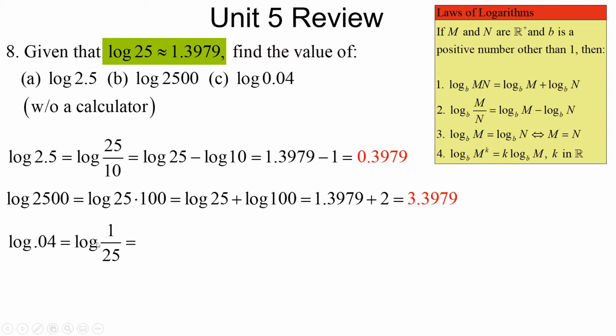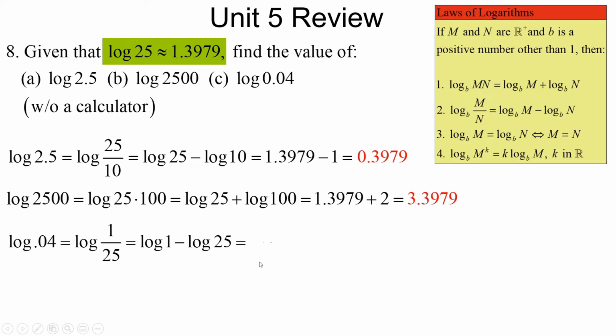So the common log of 1 divided by 25, I'm going to write that as the difference of two common logs. My common log on the left would be the common log of 1. Oh, I love that. Minus, on the right, the common log of 25. And 10 to the what power will give me a 1?